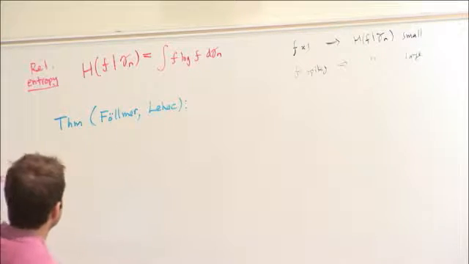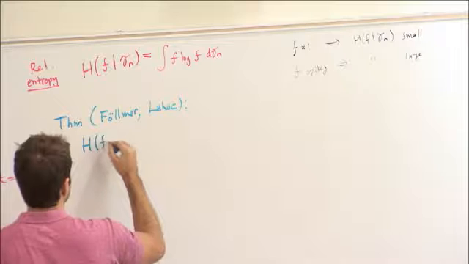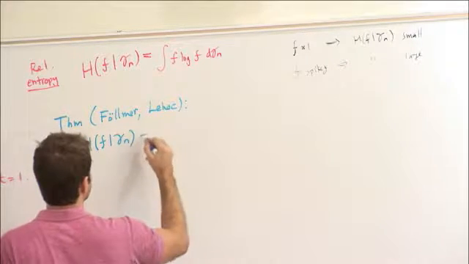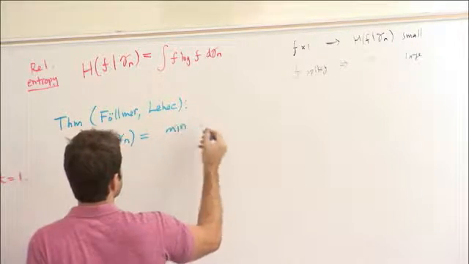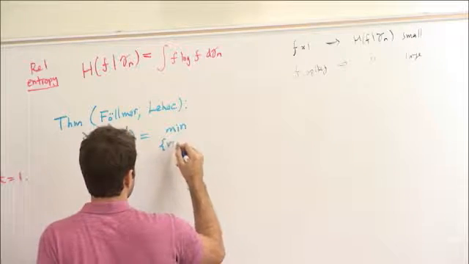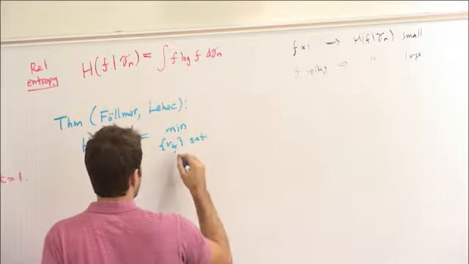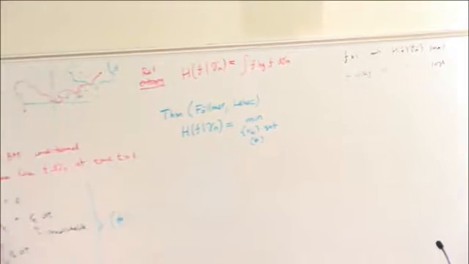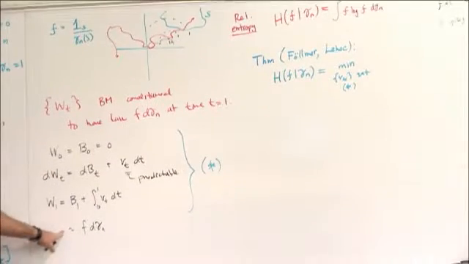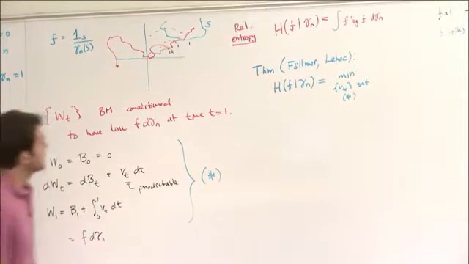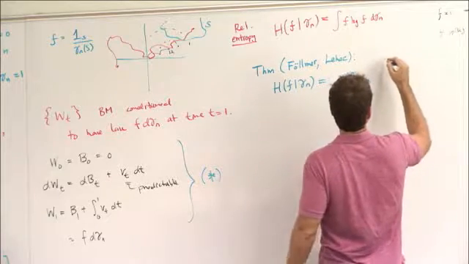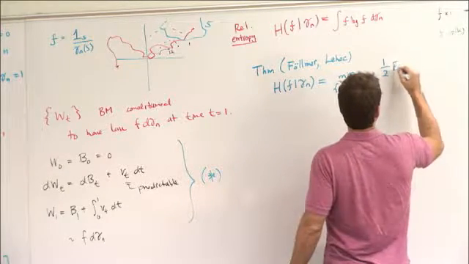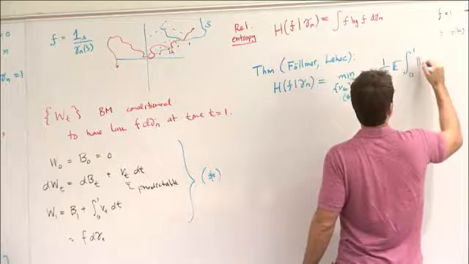The theorem is the following: the relative entropy of f with respect to the Gaussian measure is exactly the minimum over all drifts satisfying star, that is, over all drifts such that at time 1 we are distributed according to the density f, of something beautiful, which is this.